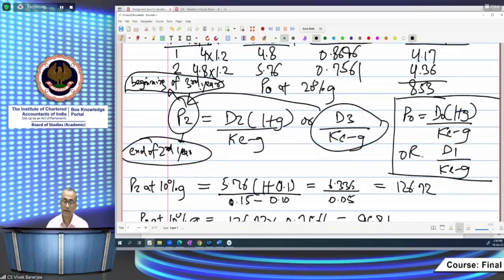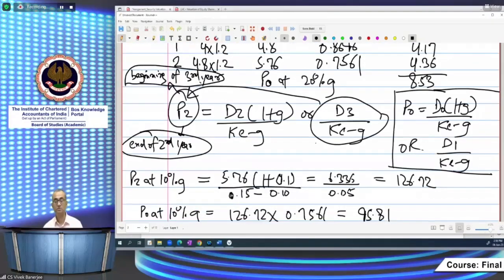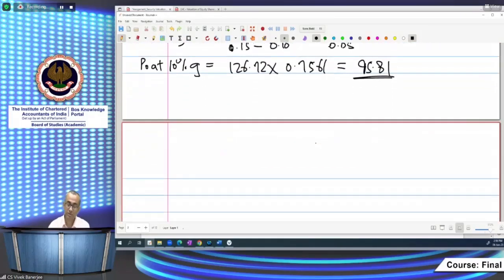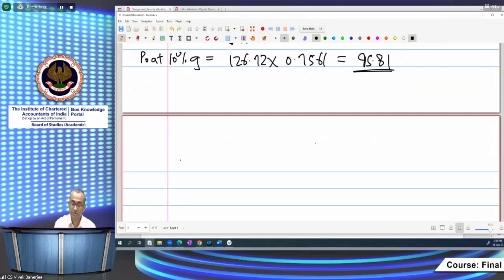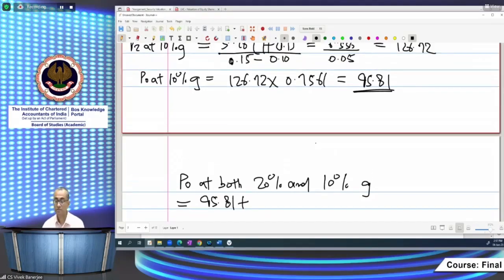Now we will add both the present values: the present value at 20%, which is the supernormal growth period, and the present value at 10%, which is the normal growth rate period. We will add both values to arrive at the final P0. So P0 at both 20% and 10% growth rate is equal to P0 at 20% plus P0 at 10%.